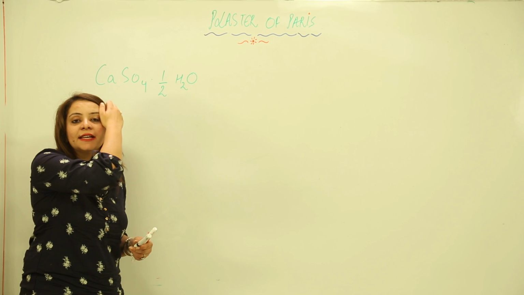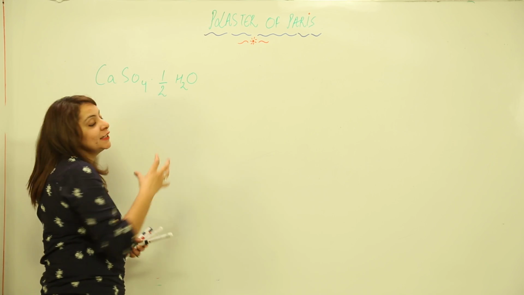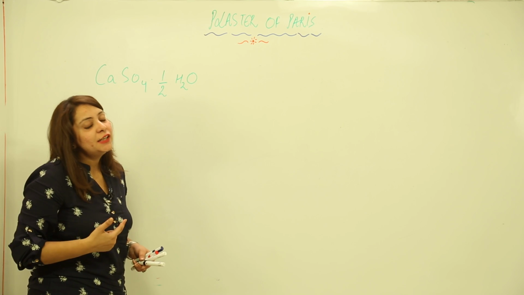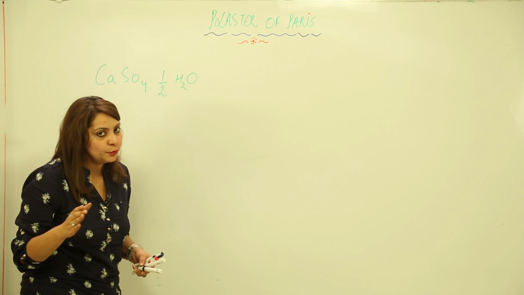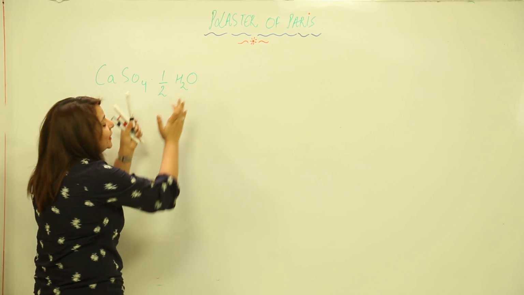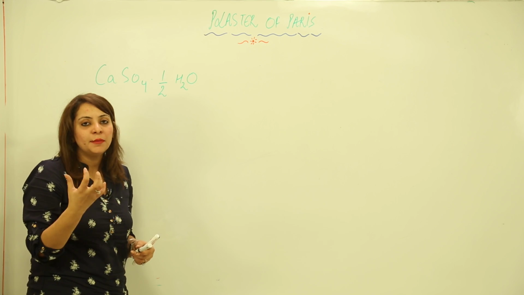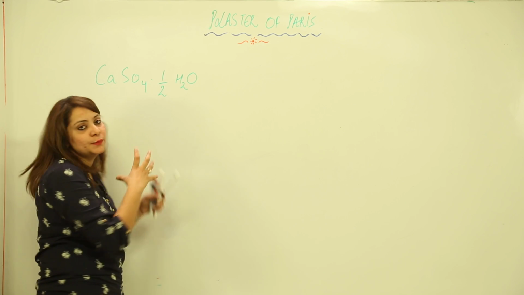Whenever you see H2O written with a dot after the compound, it means water of crystallization. Here the water of crystallization is half a water molecule. So one molecule of CaSO4 possesses half a molecule of water in chemical combination with this calcium sulfate.